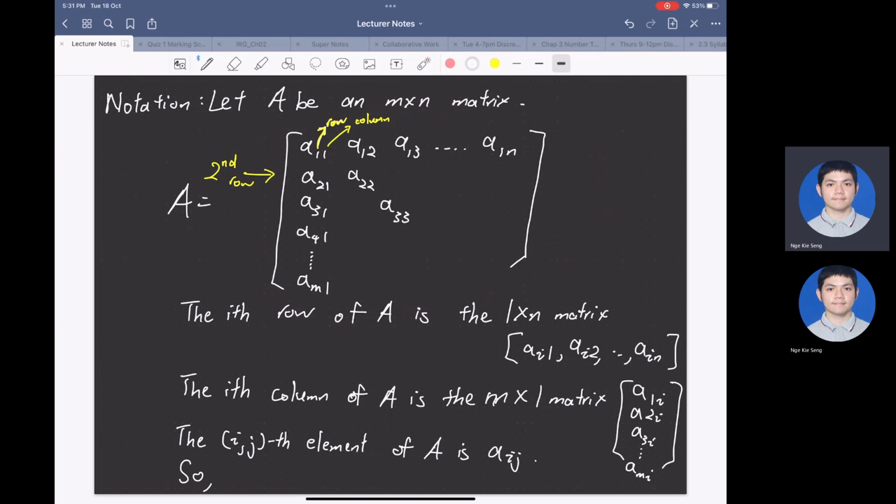We just write A equals Aij, and we mention that i goes from 1 to m, and j goes from 1 to n. We want to mention the range of i and j.